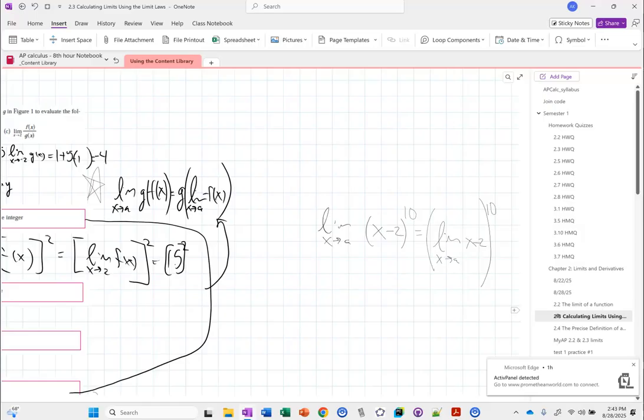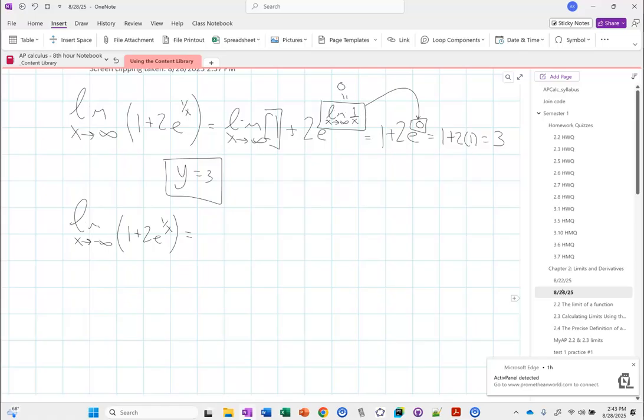So I pushed the limit inside of the e to the x. Cool. So for negative infinity, this is not much different. You push the limit inside to 1 over x, so again this is just equal to 0. You just get the same thing.